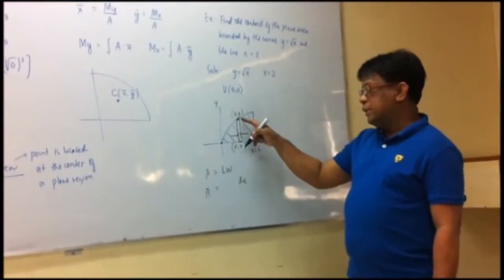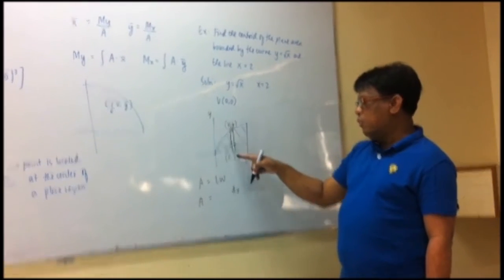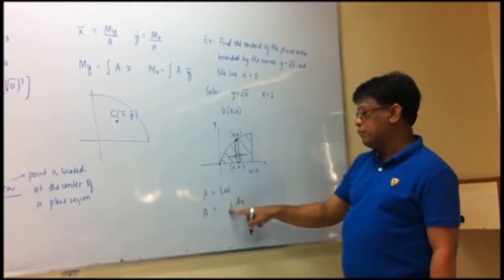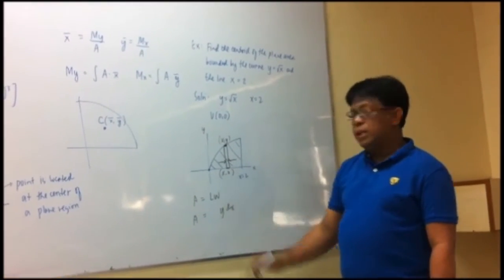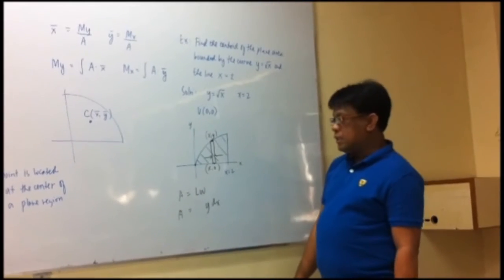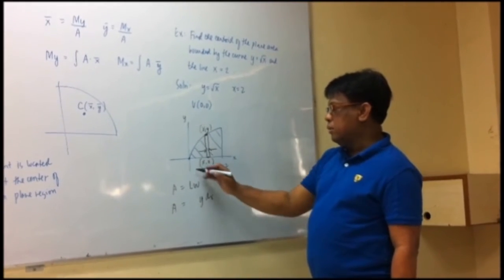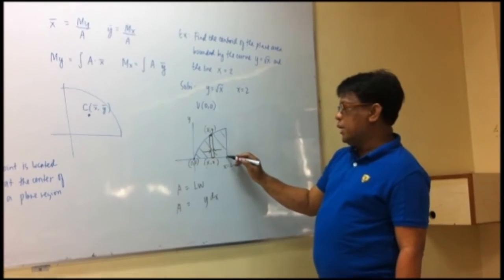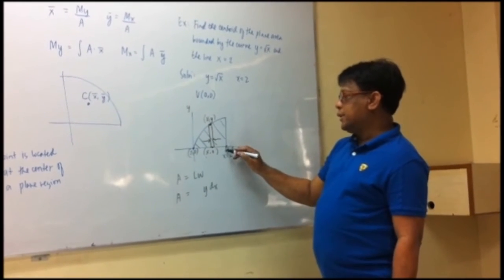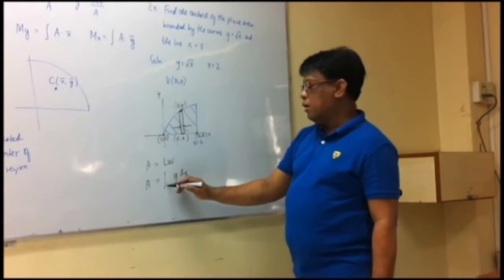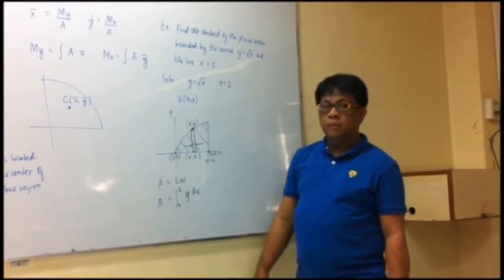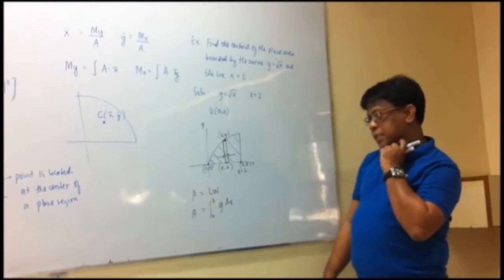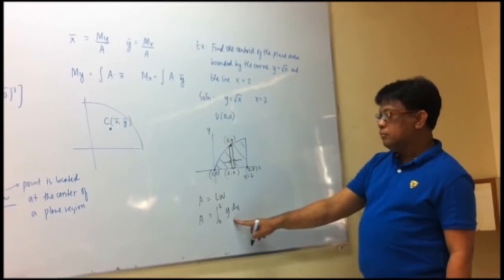What is y up minus y down? Since we have y minus 0, that is y. And what will then be the limits? We have here the vertex of the parabola 0, 0, and the point here is 2, 0. So the limit will be from 0 to 2.